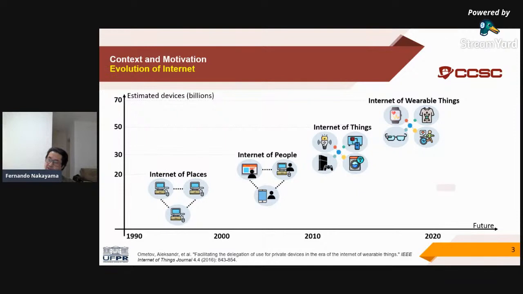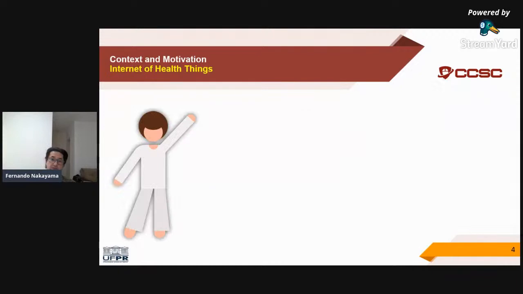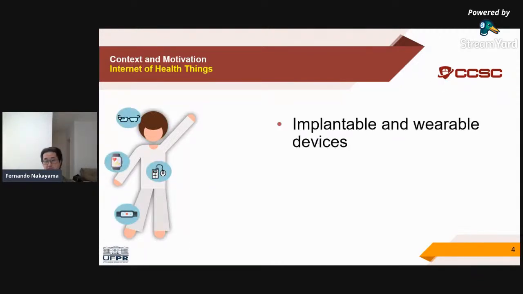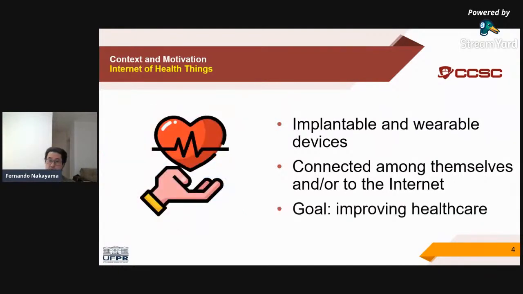In the same manner that IoT made possible applications such as smart homes and smart cities and improvements in industrial automation, by integrating the Internet of the wearable things to healthcare, rises the concept of the Internet of Health Things. The Internet of Health Things comprises implantable and wearable devices. Those devices connect among themselves and or to the Internet, and the overall objective is to improve healthcare.